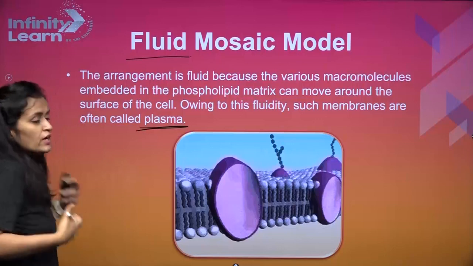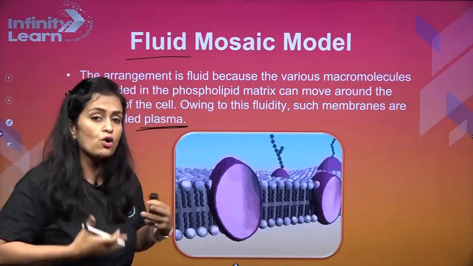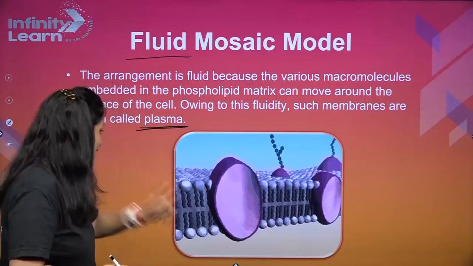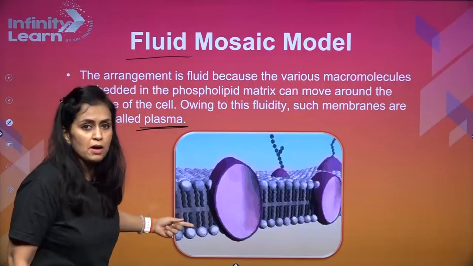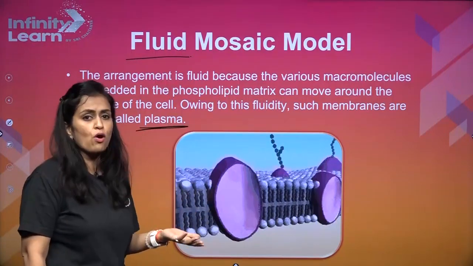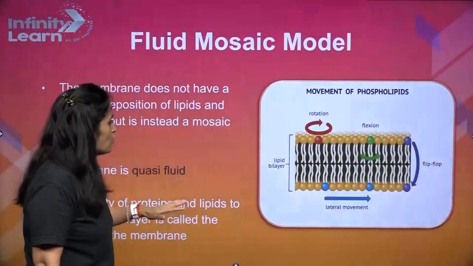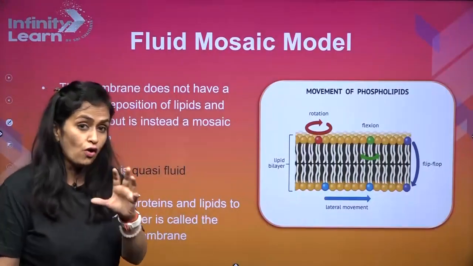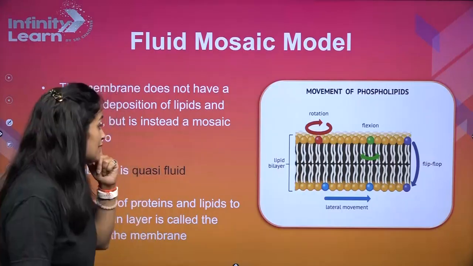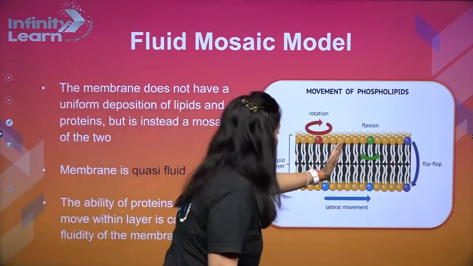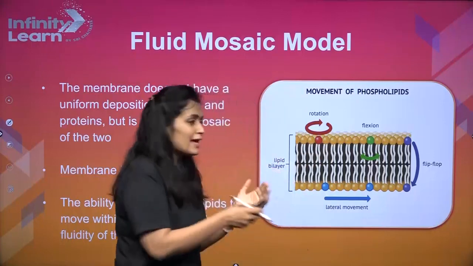So owing to this fluidity property, if a membrane has it, we call it plasma, and that's why we call it the plasma membrane. Otherwise, we could have just simply called it the cell membrane. Understood?